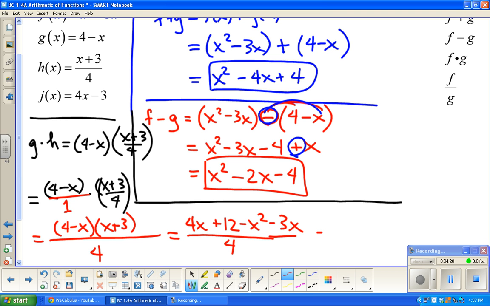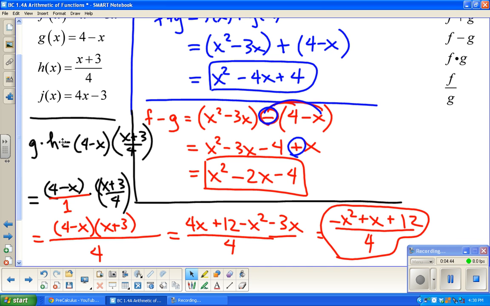And combining like terms, I always like my x squareds up front. You don't have to. It's just pretty standard. And we are done with that.